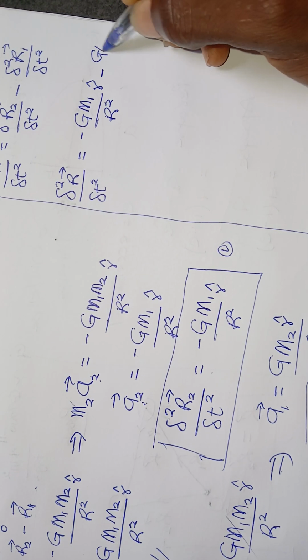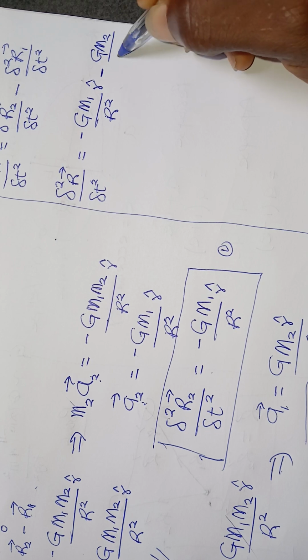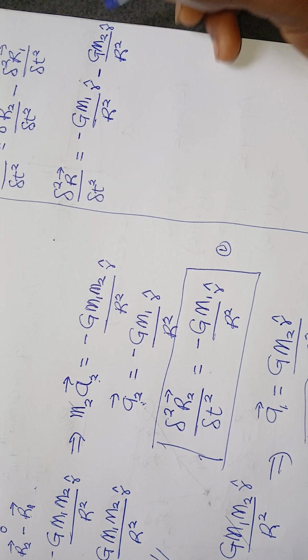So we have capital G m2 divided by r squared in the direction r roof.